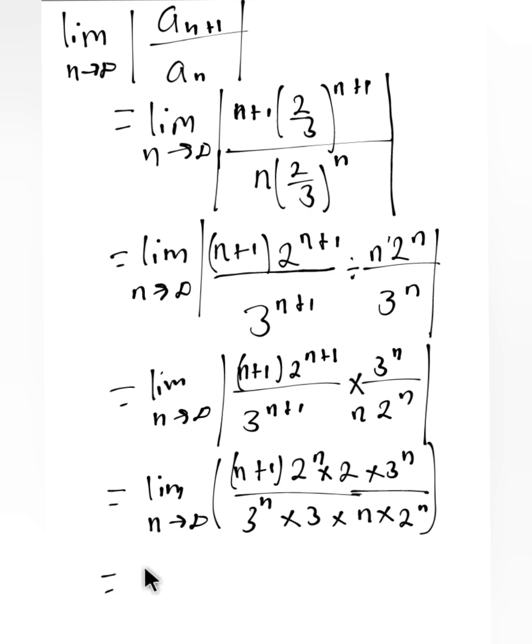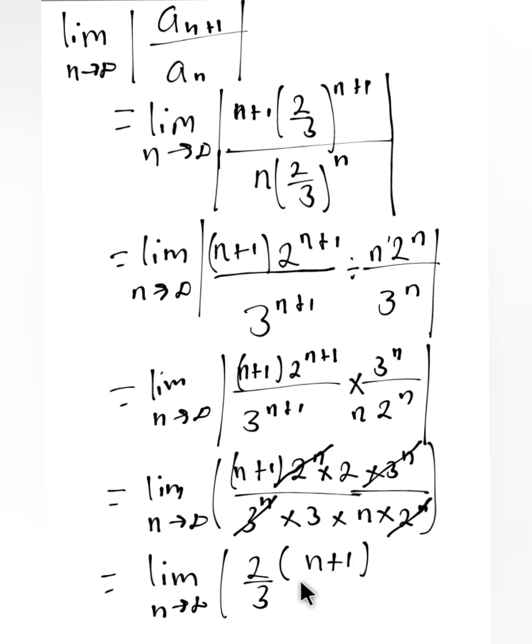So this is equal to the limit as n tends to infinity. Obviously, some of the terms will cancel, like 2 to the n cancels 2 to the n, 3 to the n cancels 3 to the n. So we are left with 2 over 3 times n plus 1 all over n. So this is the expression we are left with.